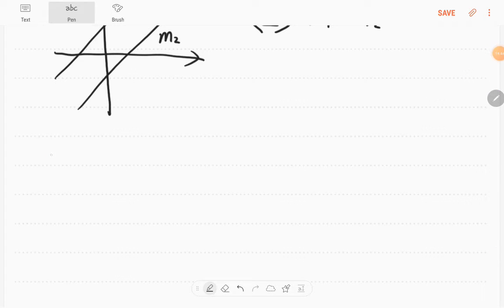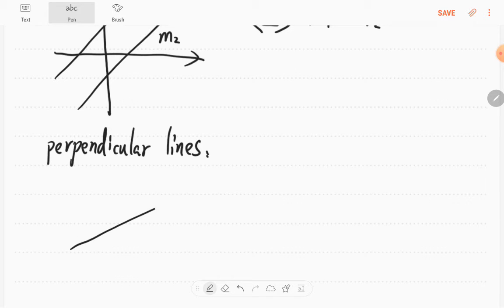The next one is called the perpendicular line. If you have two lines perpendicular to each other, that means the intersection angle is a right angle, 90 degrees.